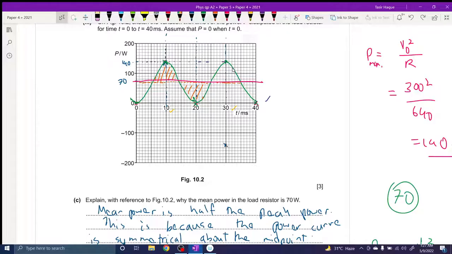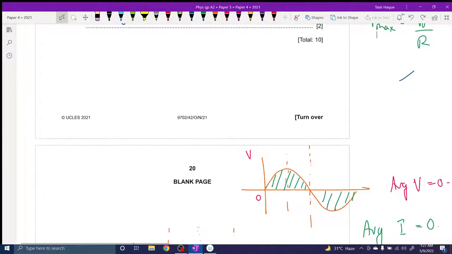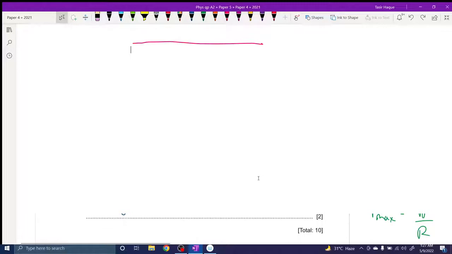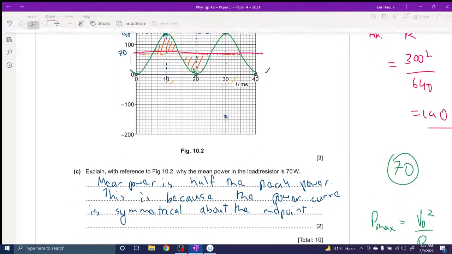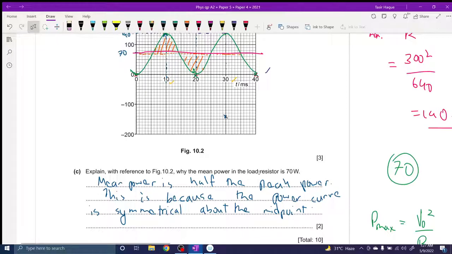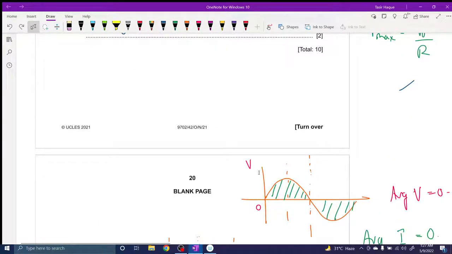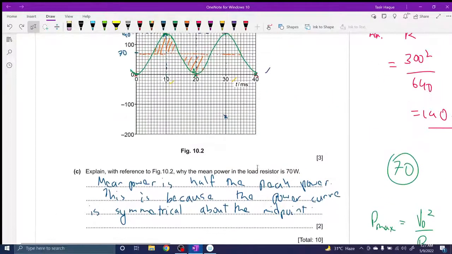So if you think of this graph over here, the current, since the midline was at 0, the average value was 0. Since the midline here is at 70, the average value will also be 70. Okay, this is because the power curve is symmetrical about the midpoint. That's the reasoning. That's why it takes a value of 70, 140 divided by 2.